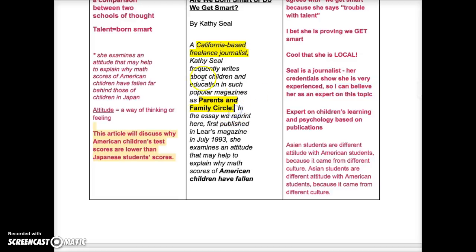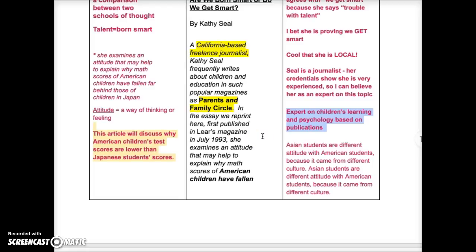And she's published about children's education in magazines, okay? So this also reaffirms to me that she's an expert on children's learning and psychology-based publications. And so just from this very beginning intro text, I've learned about the author.